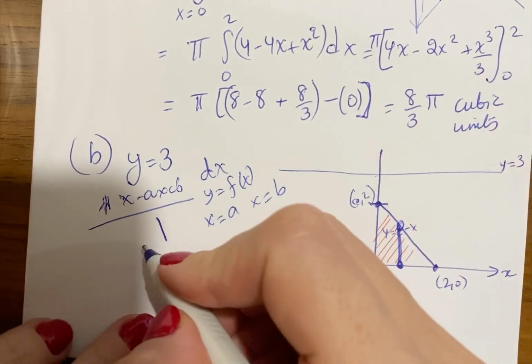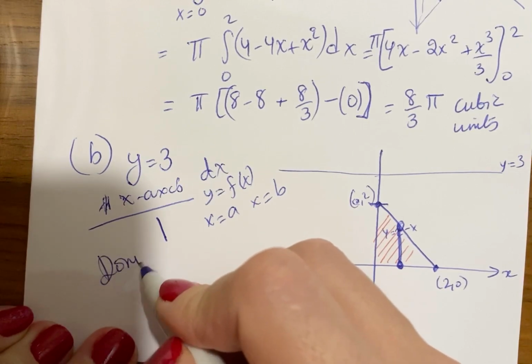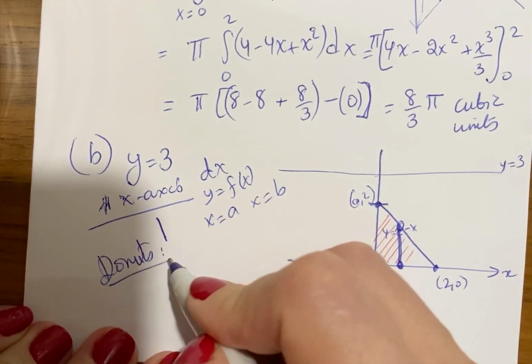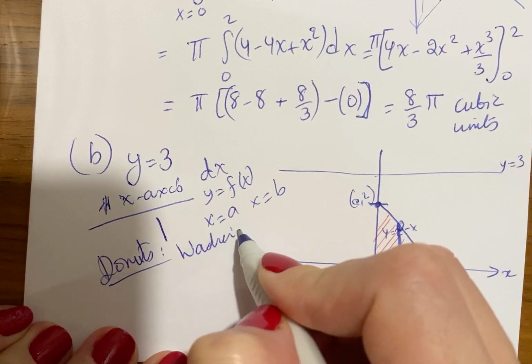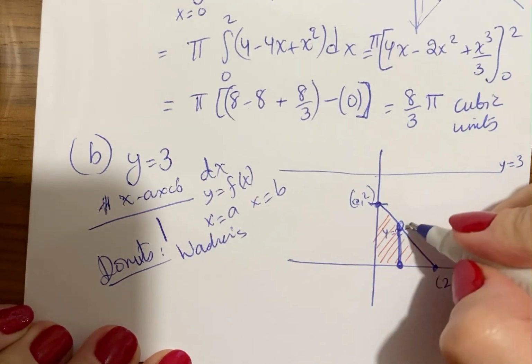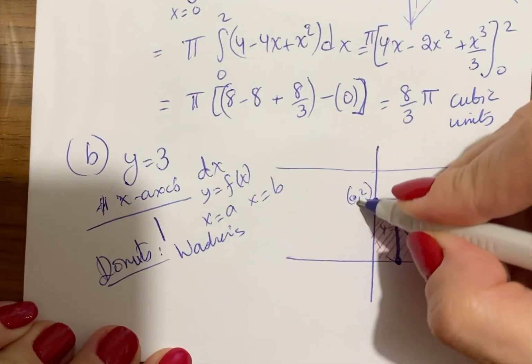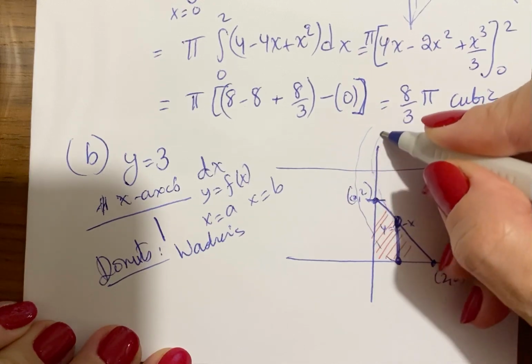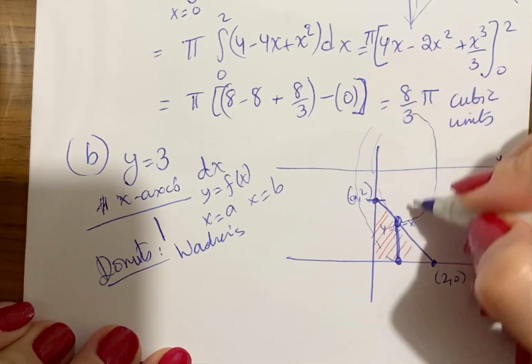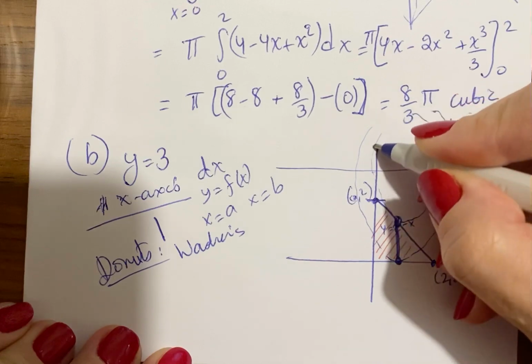This means that we do not use the discs method, we use the washers method, because what kind of shape will we get when we rotate? When we rotate around this line, we will get a donut shape, not a disc shape.